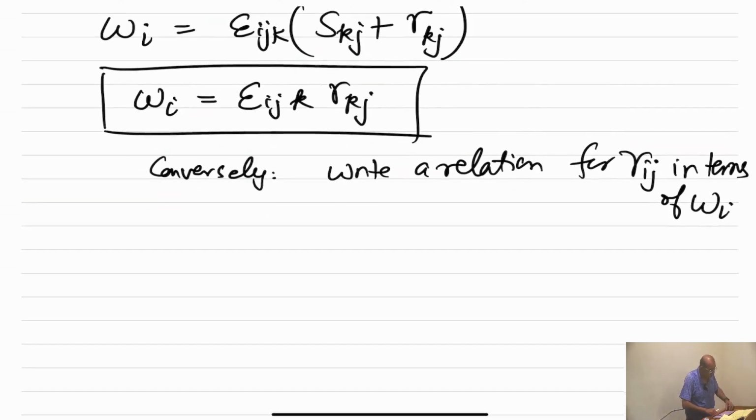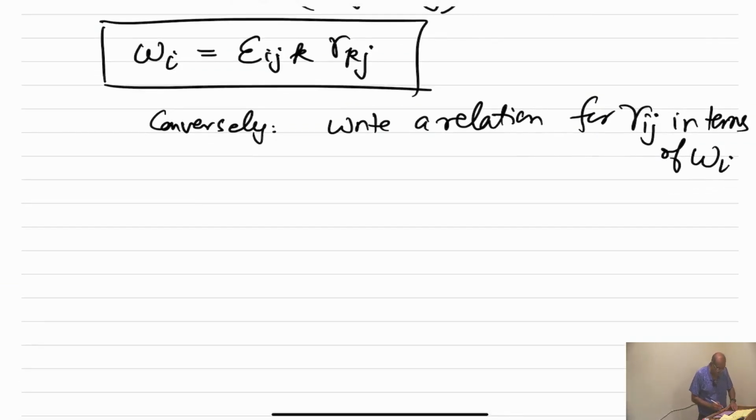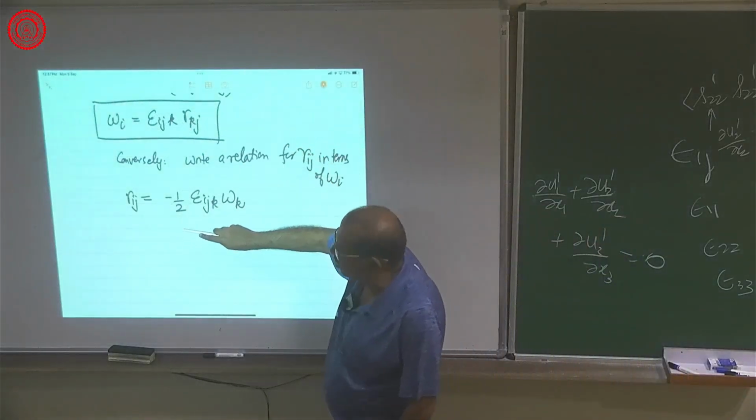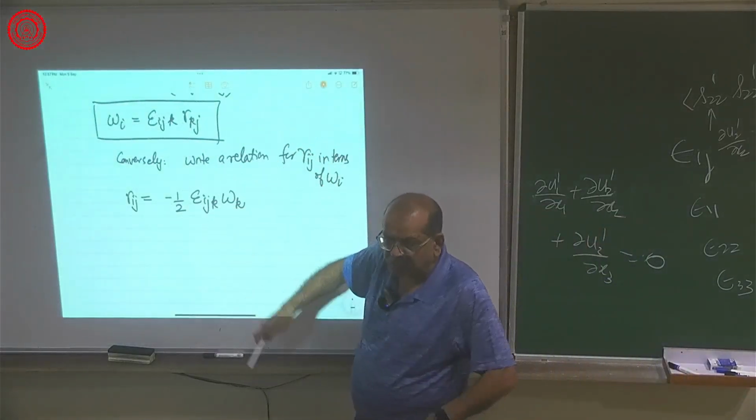So for that, the final answer, let me show, if I invert this, I get R_ij is equal to minus half of epsilon_ijk omega_k. If you invert this, I'll show you how this comes.